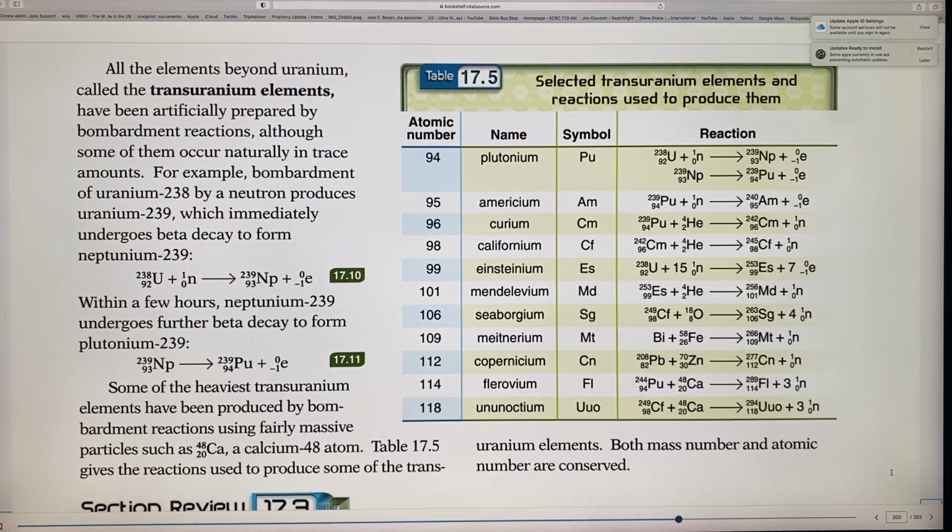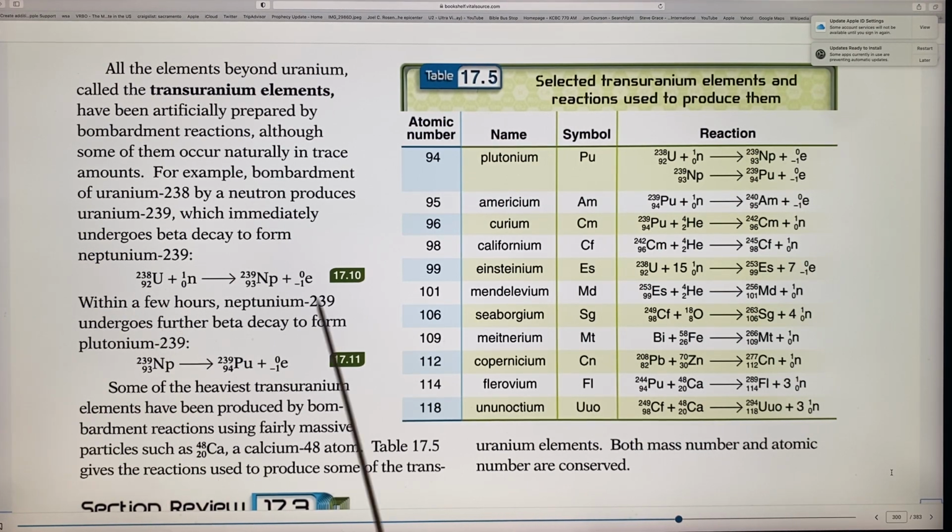All the elements beyond uranium are called transuranium elements. They have all been artificially prepared by bombardment reactions, and some of them occur in very trace amounts, but mostly they're manufactured. For example, the bombardment of uranium-238 by a neutron produces uranium-239, which then immediately undergoes beta decay to form neptunium.